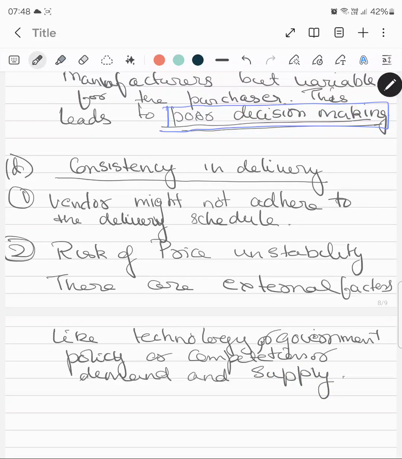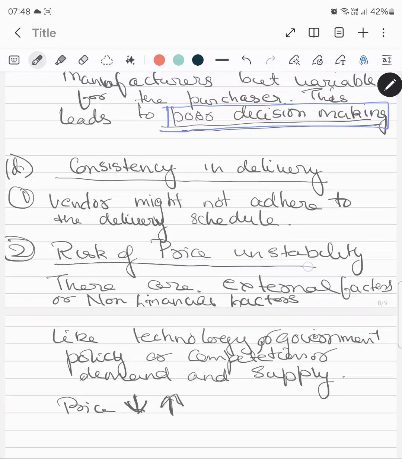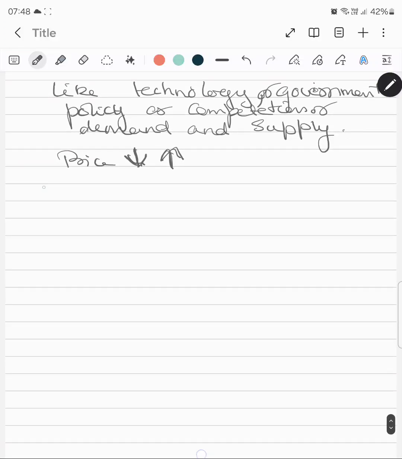These are non-financial factors due to which the price might increase or decrease. So this might impact your price, so there can be a risk of price instability.